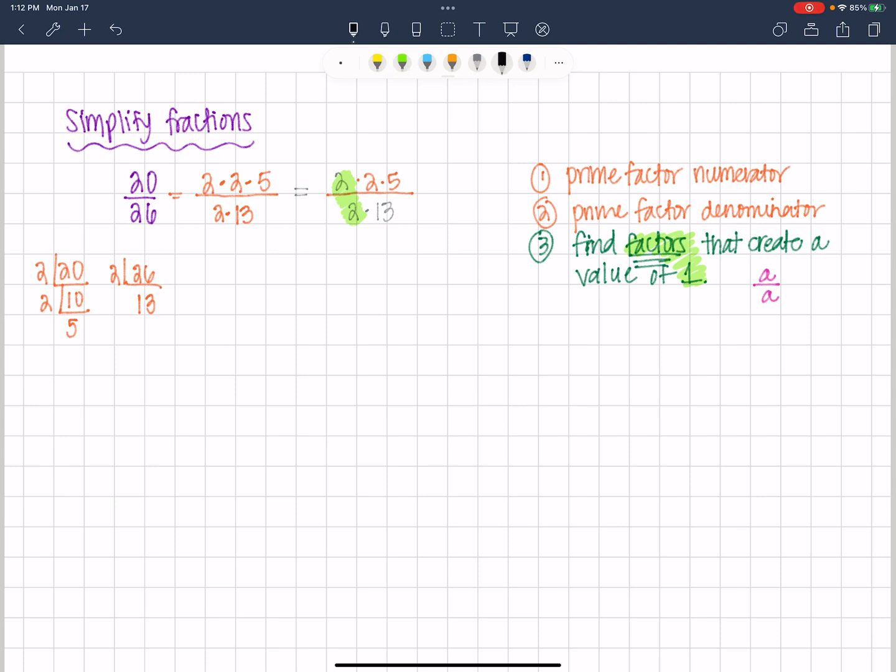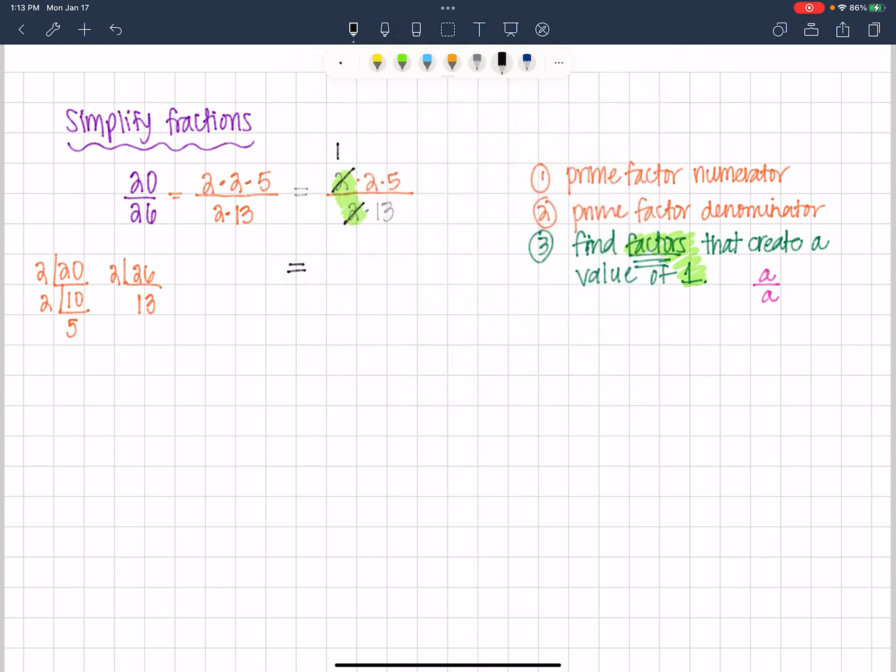Now, sometimes students learn that they just cancel out numbers. They just cross them off. But it's important for you to see that 2 over 2 is a value of 1. And that's what allows us to do the crossing out. And that's because 2 over 2 is 1, and anything times 1 is itself.